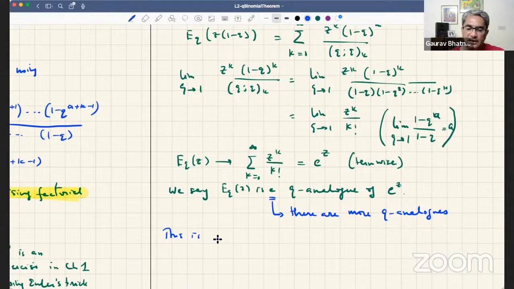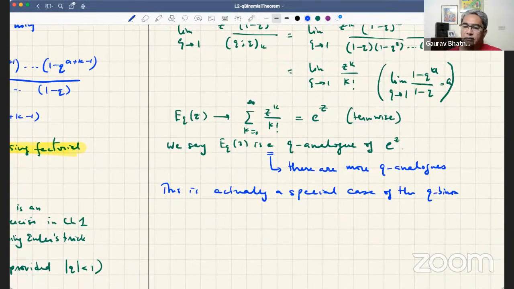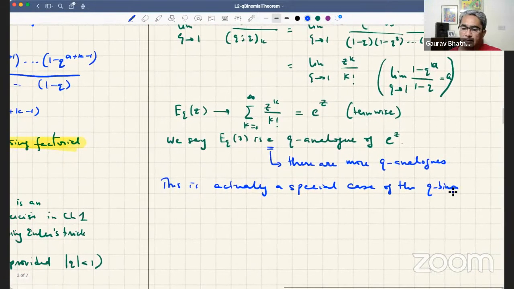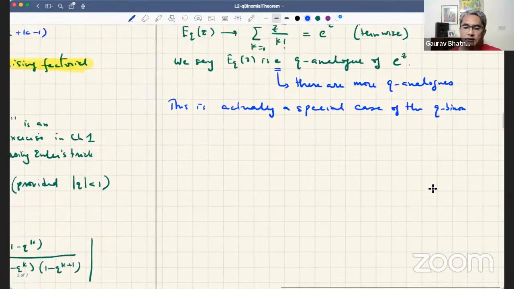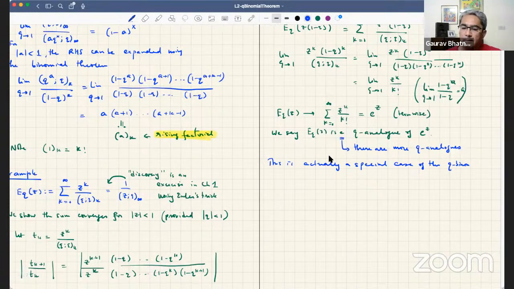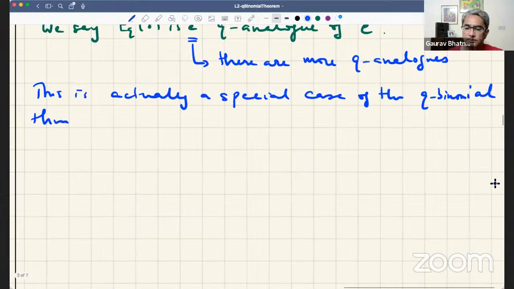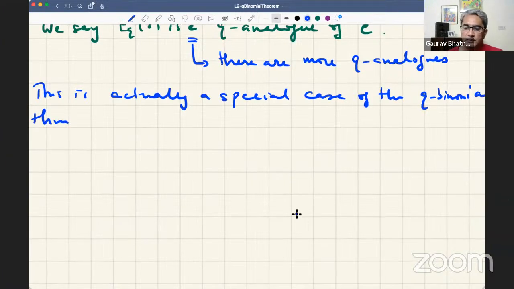This result is actually a special case of the q-binomial theorem, which is our objective today. We will prove it.